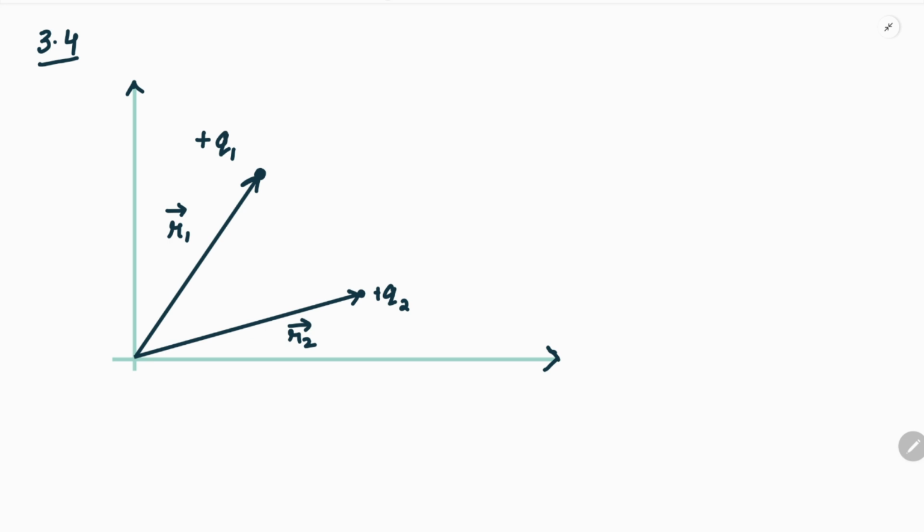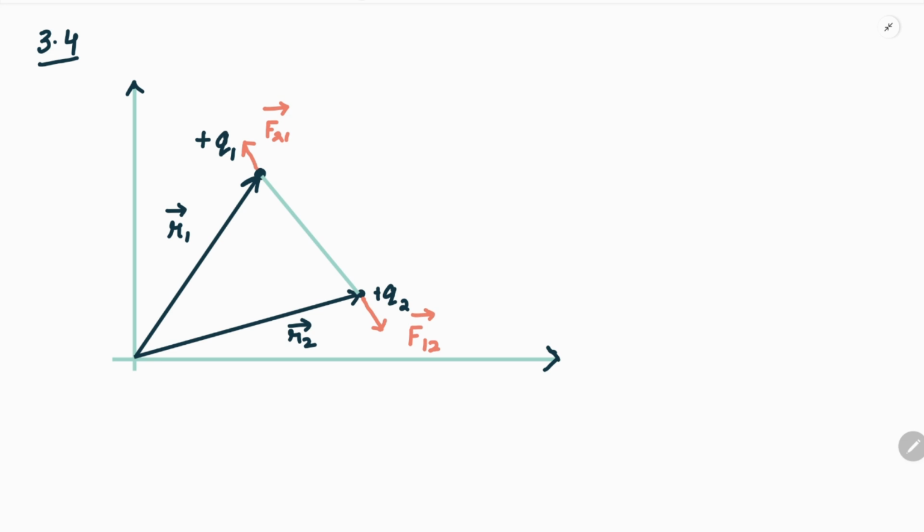So if we draw a line joining these charges, then the first thing that is clear is that the third charge will definitely lie on this line, because the electrostatic force of interaction will act in the line joining the two charges. So these charges are going to repel each other. So the first charge is going to experience a force due to the second charge. This is F21, and the second charge will experience a force due to the first charge, F12 vector.